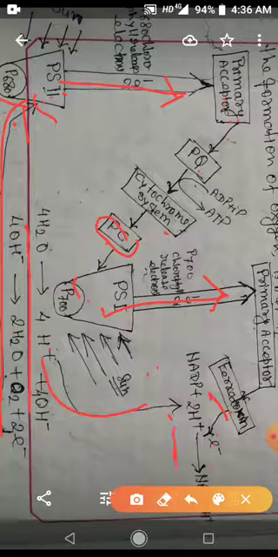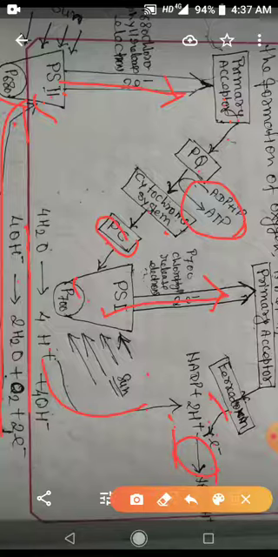So children, you studied here that in non-cyclic photophosphorylation, there is formation of ATP, formation of NADPH2 and photolysis of water. But in cyclic photophosphorylation, you have studied there was only formation of ATP, no formation of NADPH2, no photolysis of water, no liberation of oxygen.